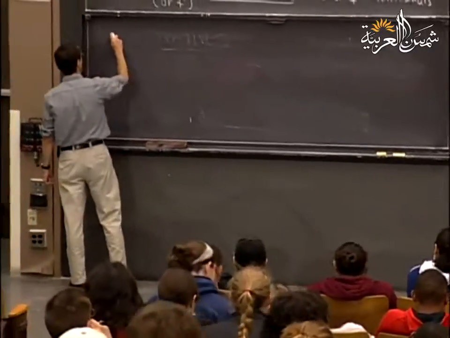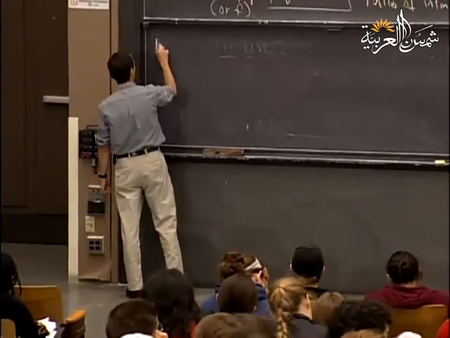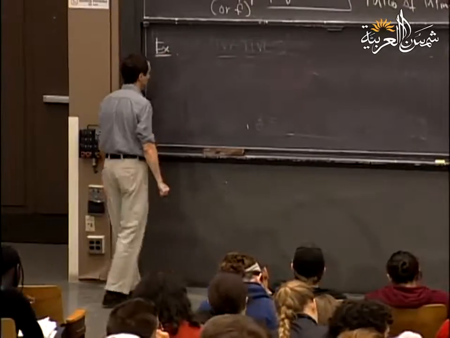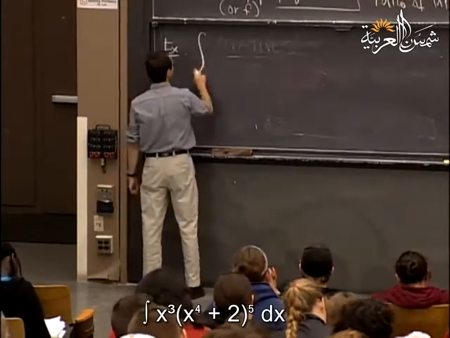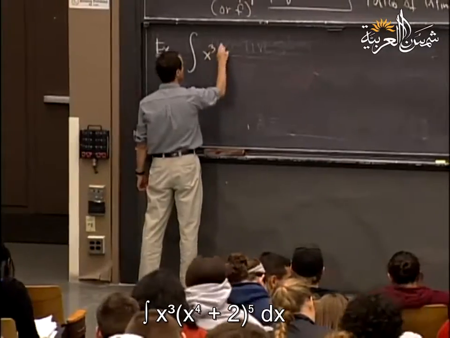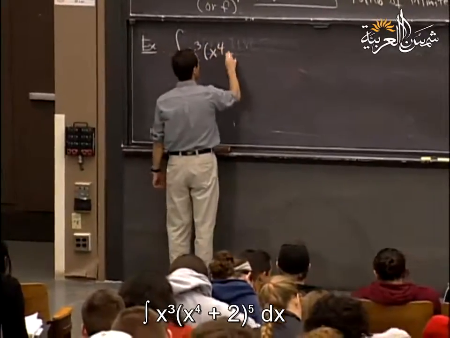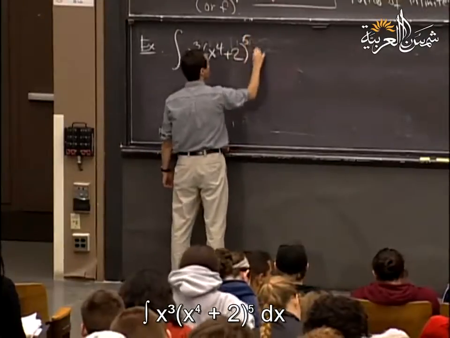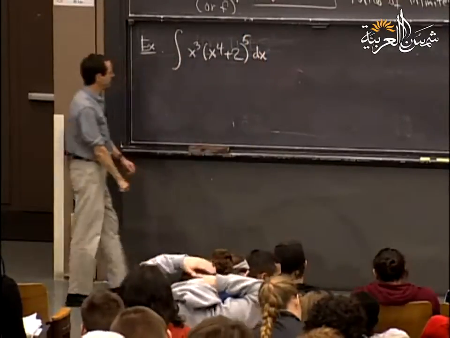Here's an example. The integral of, say, x cubed times x to the fourth plus 2 to the fifth power dx.